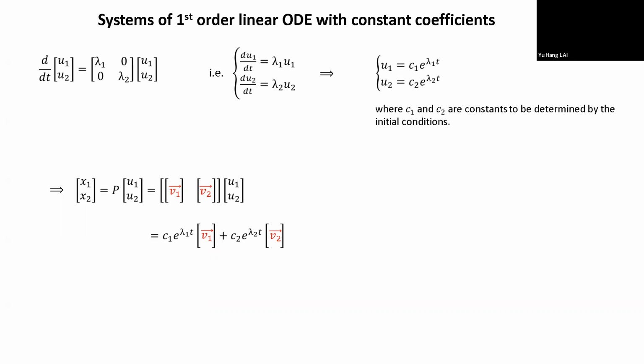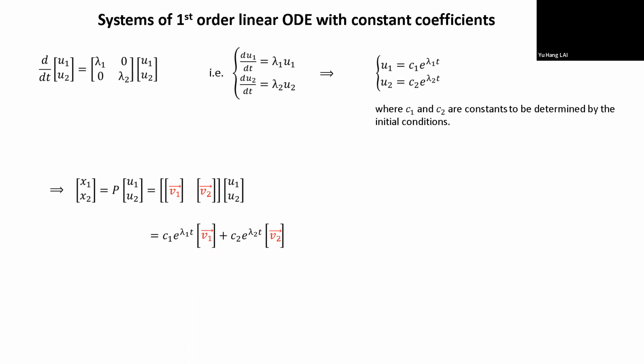So whenever you see a system of linear equations, you are basically just finding eigenvalues and eigenvectors, and then you are done.